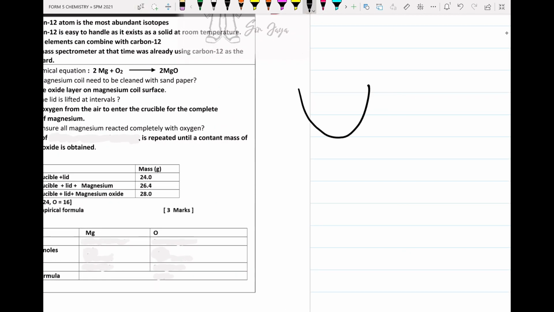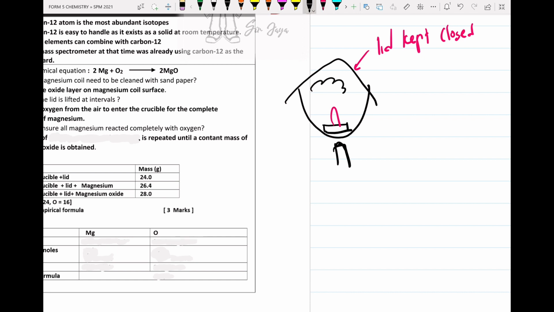Okay, and write down one more question. Why, once the magnesium ribbon starts to burn, must the lid be kept closed? Because when it starts to burn, it will produce a white color film. This white film is magnesium oxide.